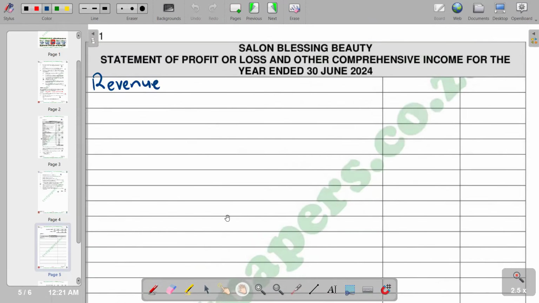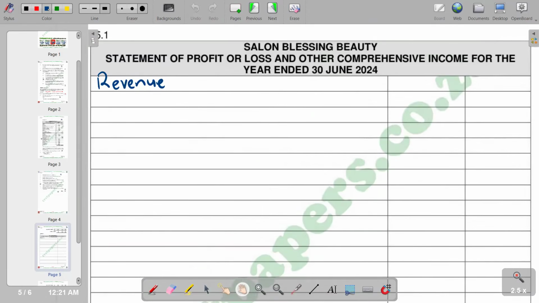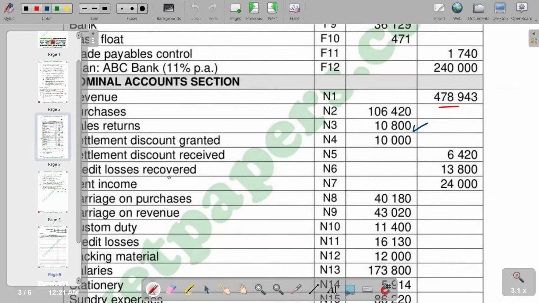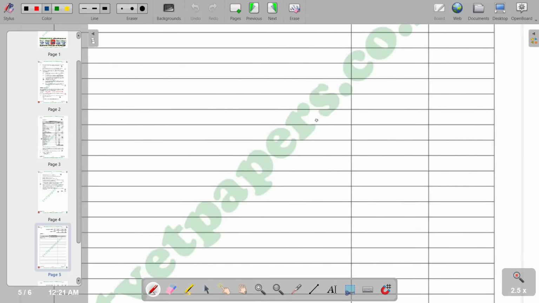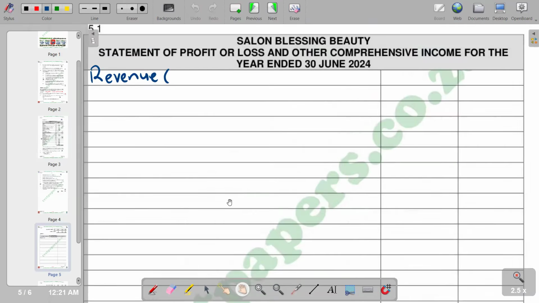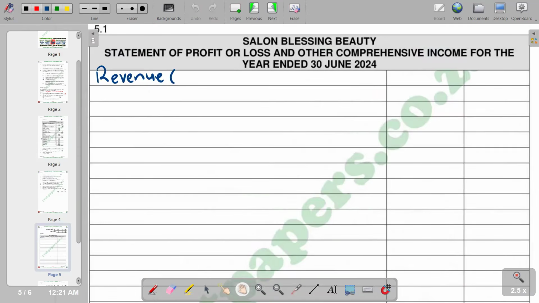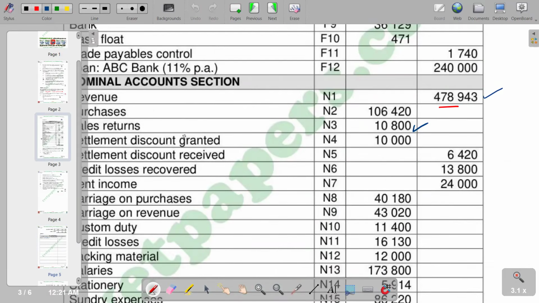So we start by putting the total amount that we have for revenue, which we are given as 478,943. Then we subtract the returns that we have just identified as 10,800.